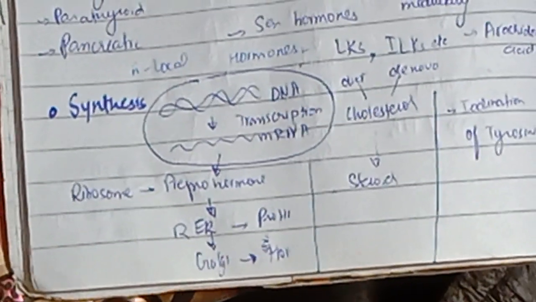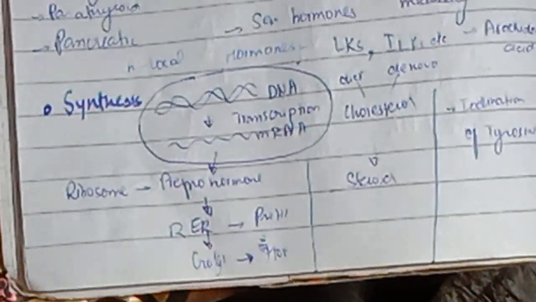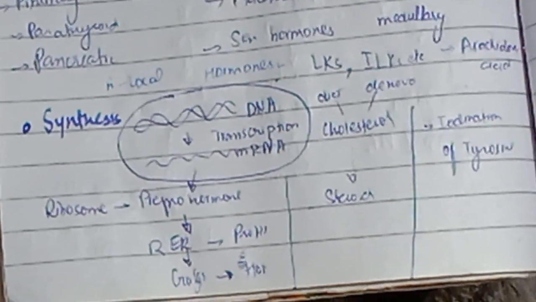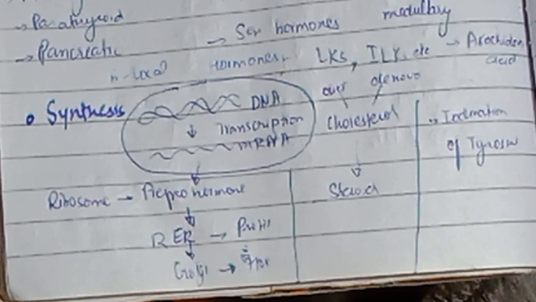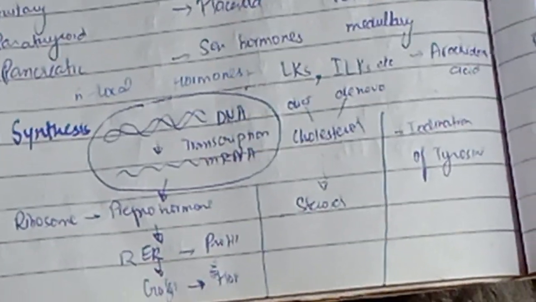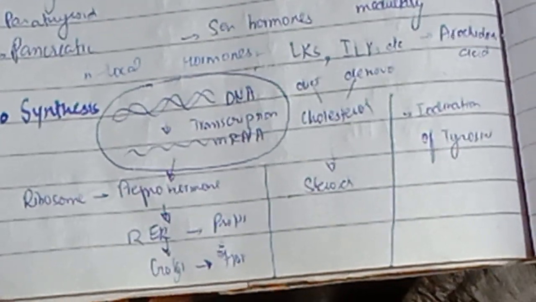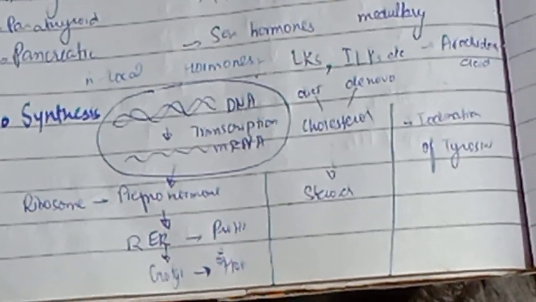For example, insulin is first synthesized by the ribosomes as pre-proinsulin. Then it is converted by the RER into proinsulin. Then it is further modified by the Golgi apparatus into the fully active insulin molecule. How are the steroid hormones synthesized? These are synthesized from cholesterol. This cholesterol may come from the diet, or it may be obtained de novo from acetyl-CoA.